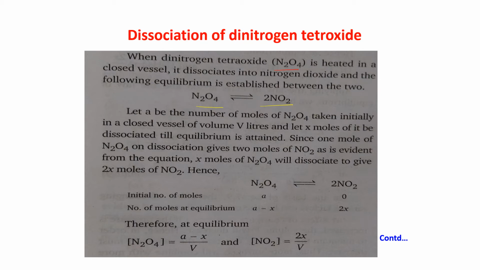Let A be the number of moles of N2O4 taken initially in a closed vessel of volume V liters. See, this is V liters.